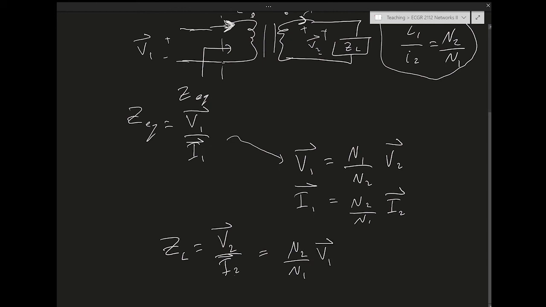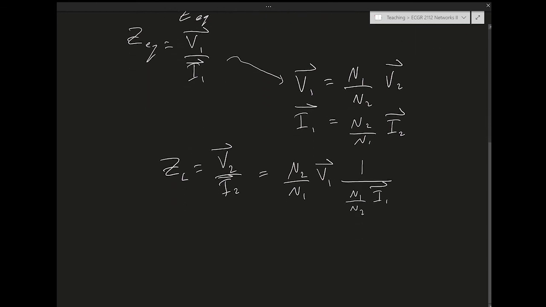And then I2 is the inverse, because it's 1 over I2 here, so it's the inverse of N1 over N2 I1. So with some manipulation, I end up with N2 over N1 squared V1 over I1.